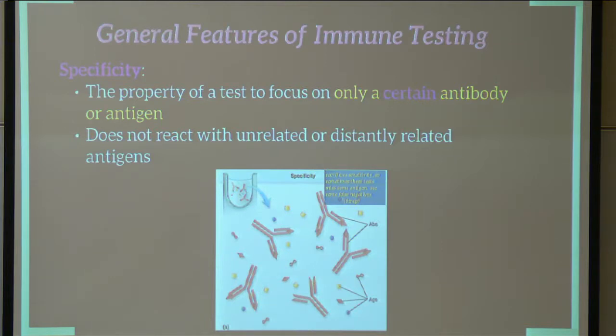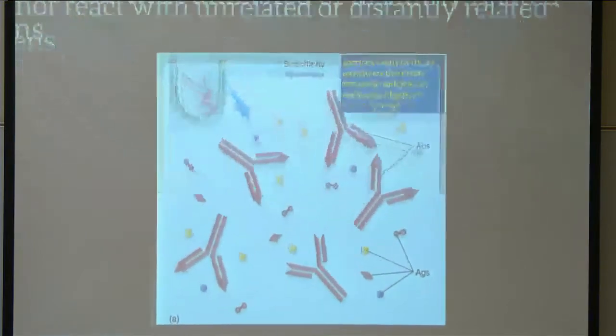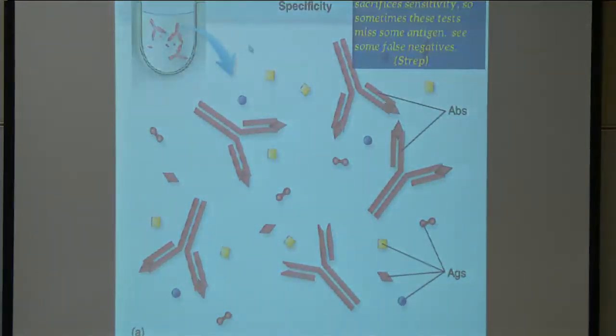But looking at this, specificity is just referring to the ability to react with what it needs to react with only. So if we look at this little example, this picture is right out of your book, specificity example. Up here we can see it sacrifices sensitivity. So it's very specific, it's not as sensitive most of the time. Here we see the antibodies.